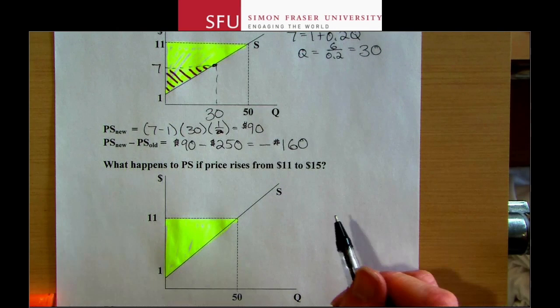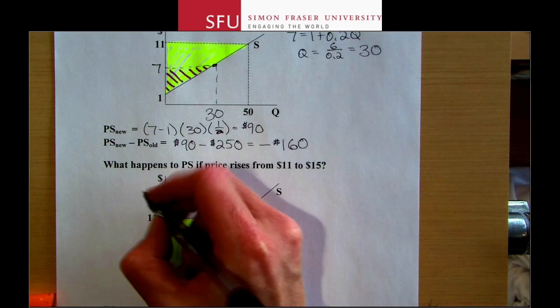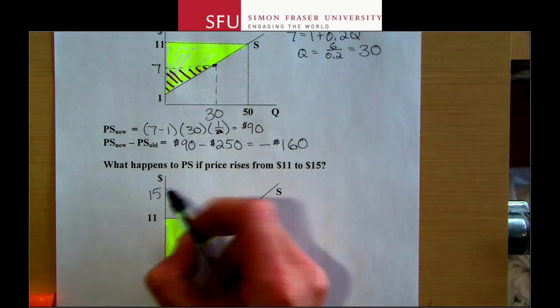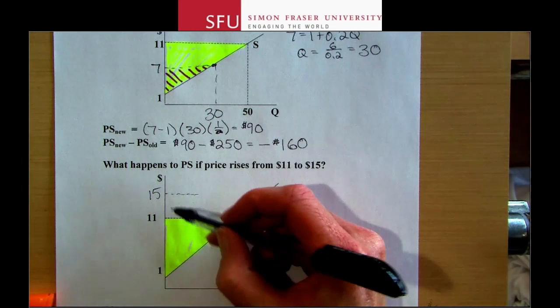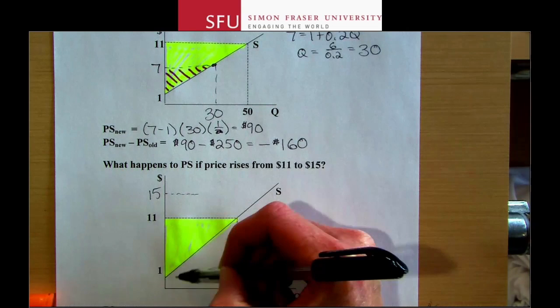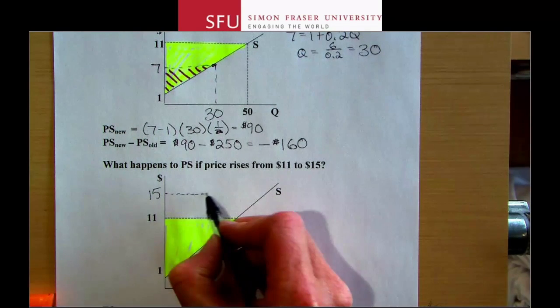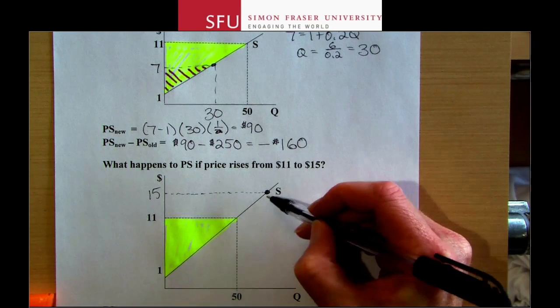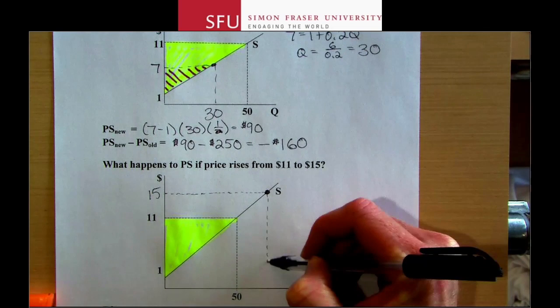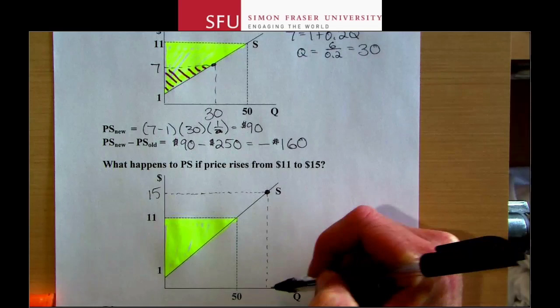Okay, so now the new price is 15, and so now they're going to get paid more per unit, so there's a bigger difference between the revenue per unit and their cost per unit. But also, because of the high price, it is worthwhile for them to sell more. So they'll sell more at a higher price. So we need to figure out that new quantity.